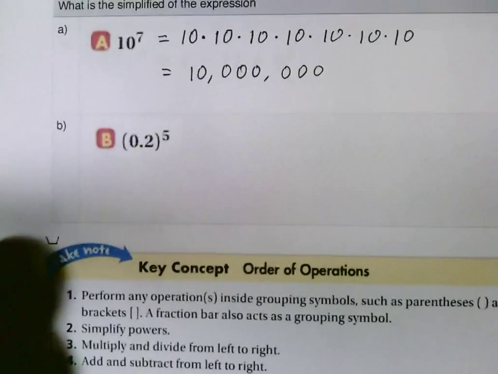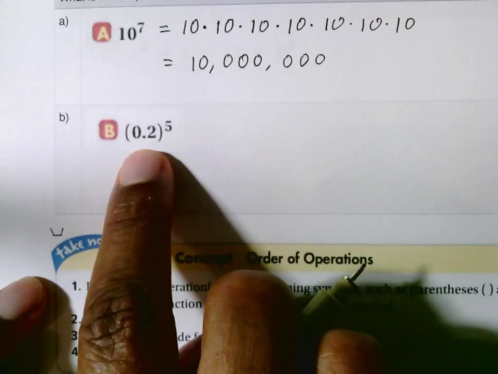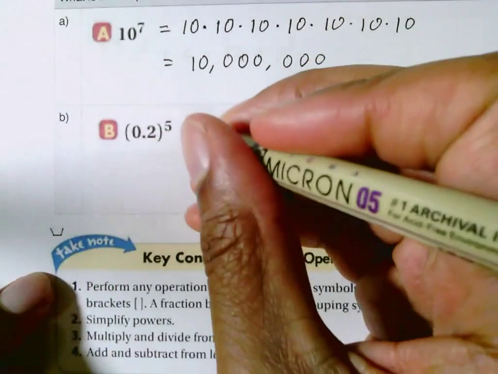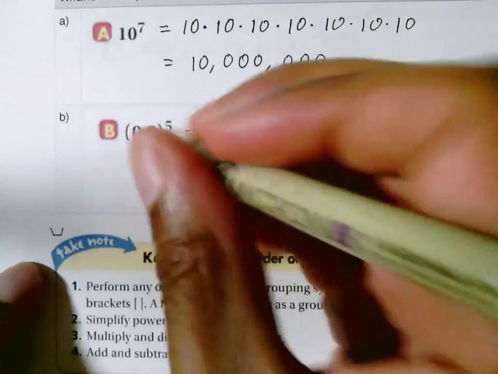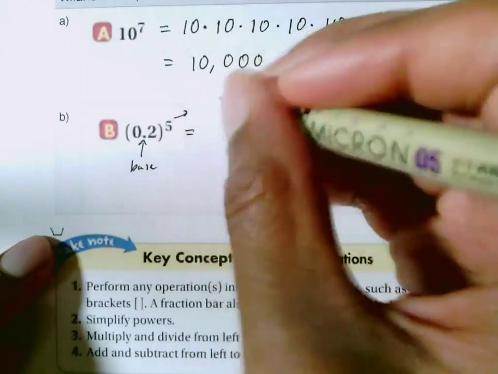The second one definitely looks a little more intimidating. But once again, I'm going to simplify it. This is 0.2 to the 5th power. Once again, this is the base, and this is my exponent.